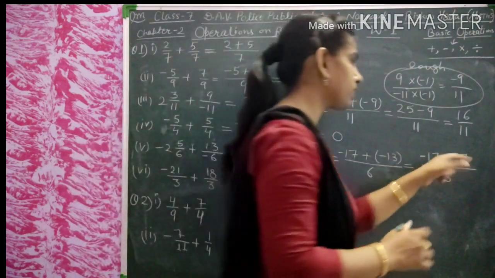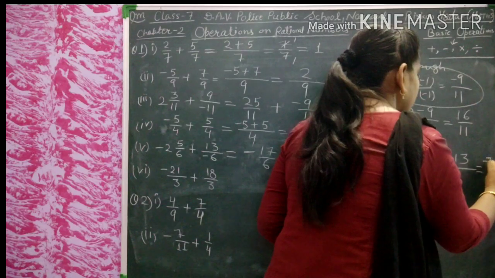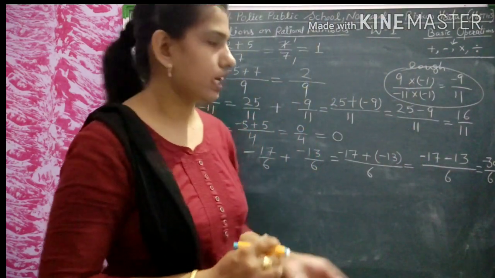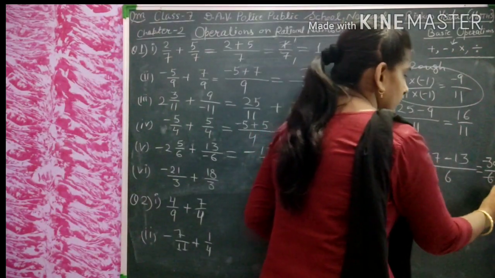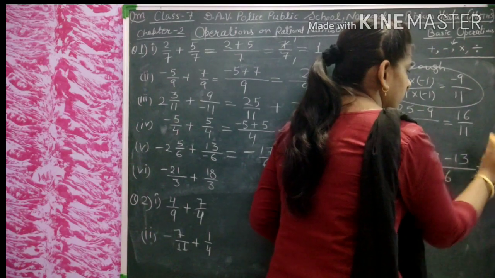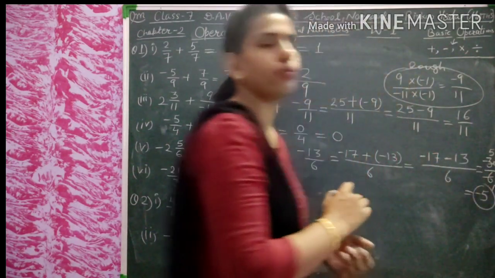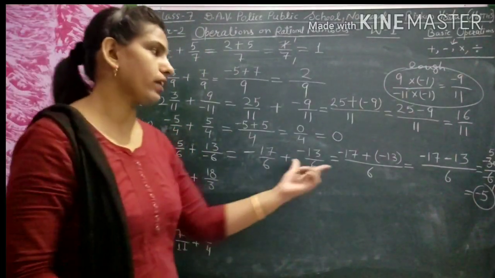Same signs, so we get minus 30, divided by 6. It is not in standard form, so we change it. 6 ones are 6 and 6 fives are 30, and the answer is minus 5. We keep the sign here. So the answer is minus 5.